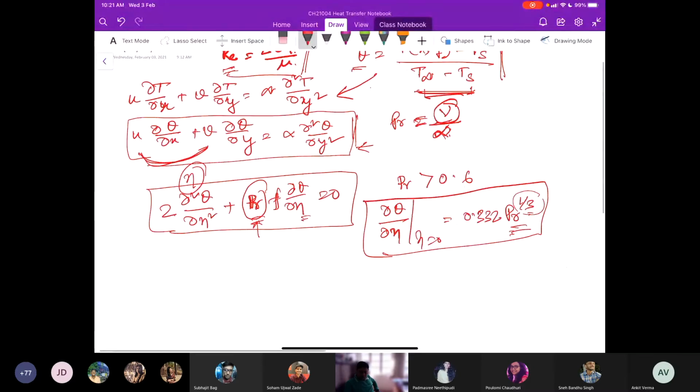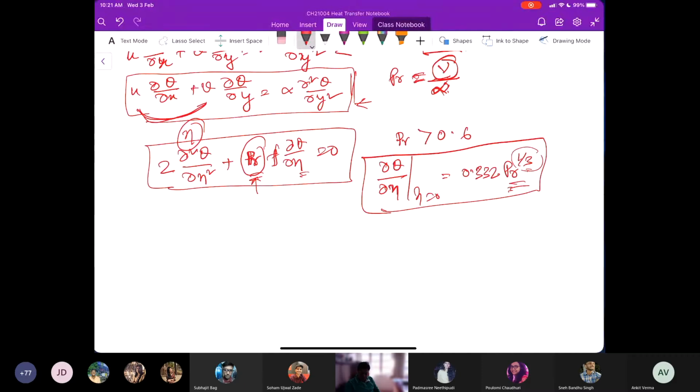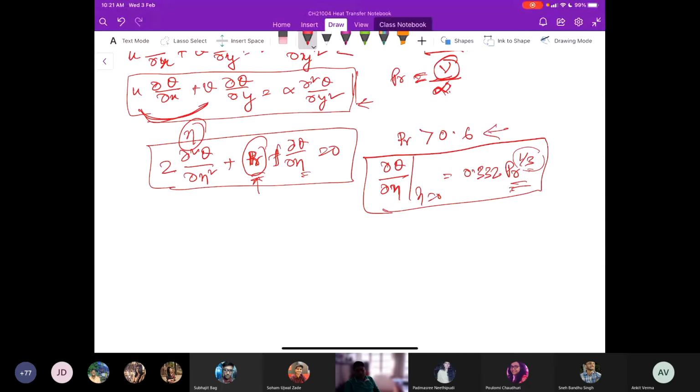Now the point is that in the non-dimensional energy equation for the boundary layer, if we solve it analytically after a couple of assumptions, like considering flows with Prandtl number greater than 0.6, we can write the Nusselt number as hx by k.